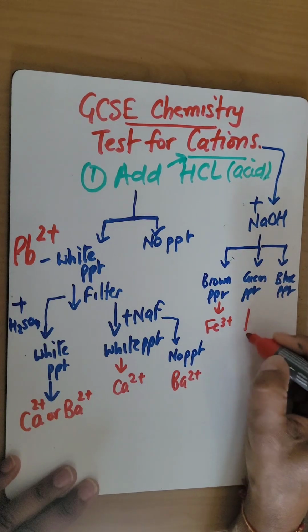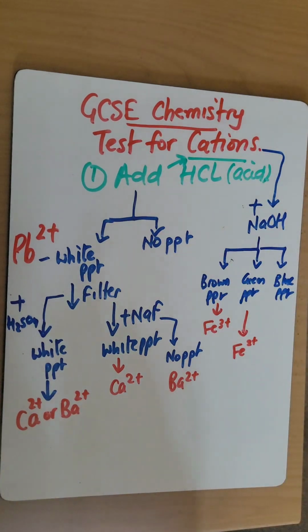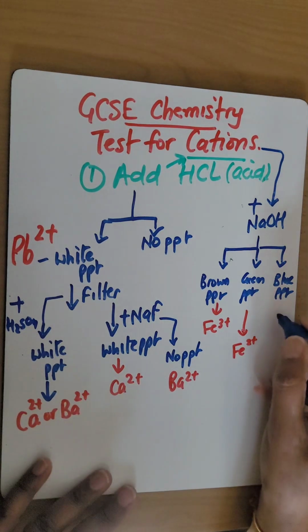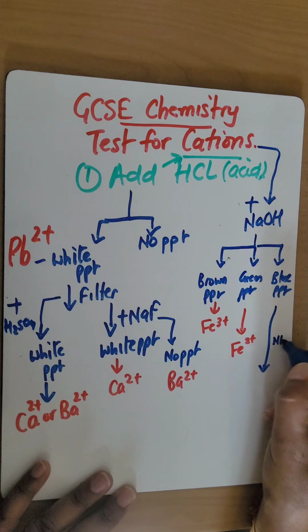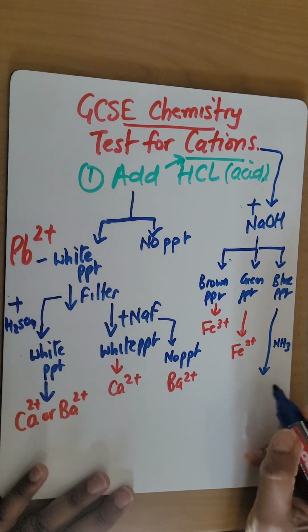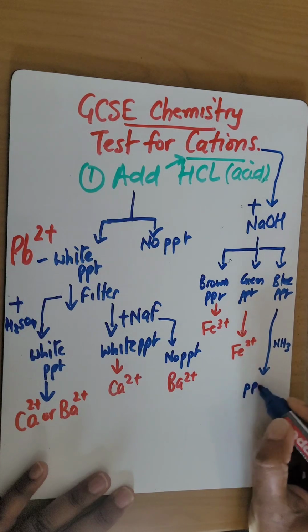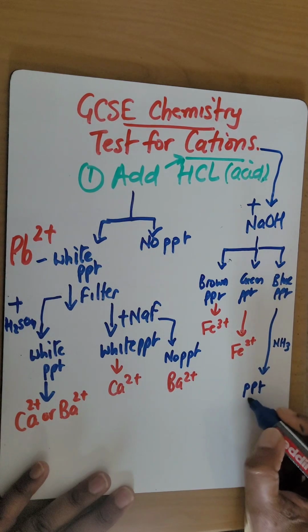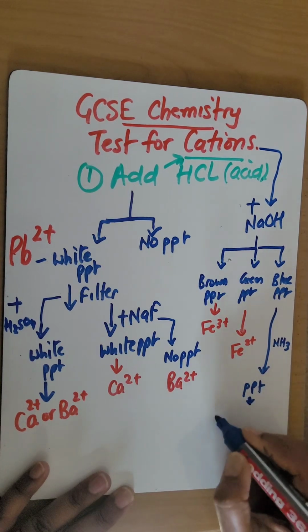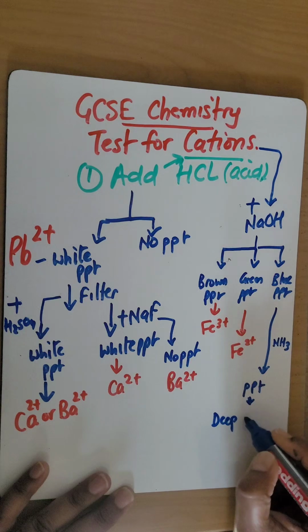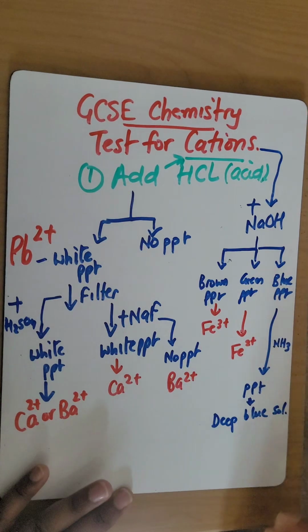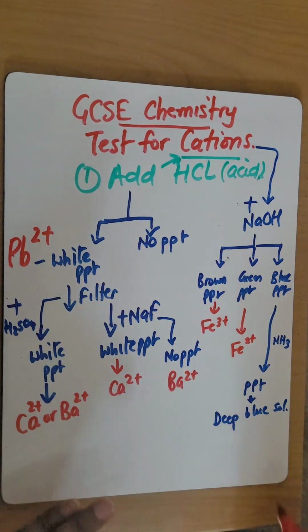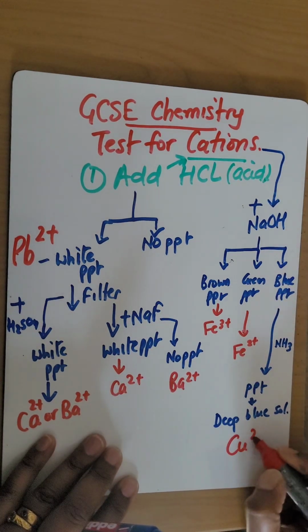If it's green, then I've got ion 2, and if I have added NH3 solution to the blue precipitate, and you make a precipitate that goes into deep blue solution, then that will prove that you have got copper ions present.